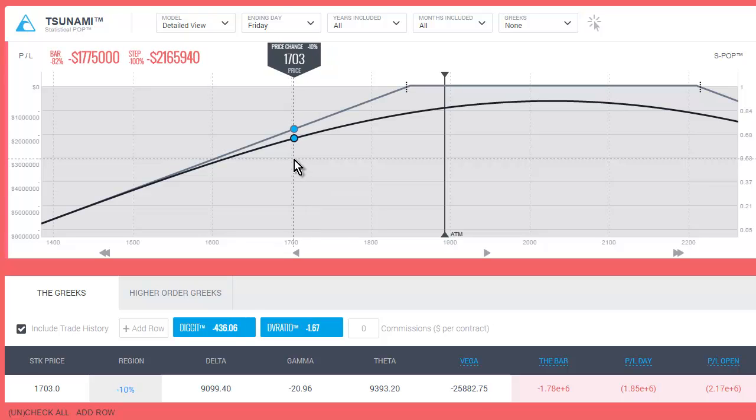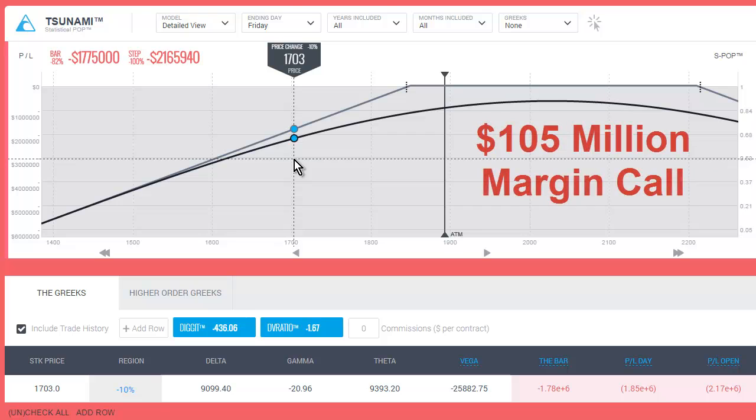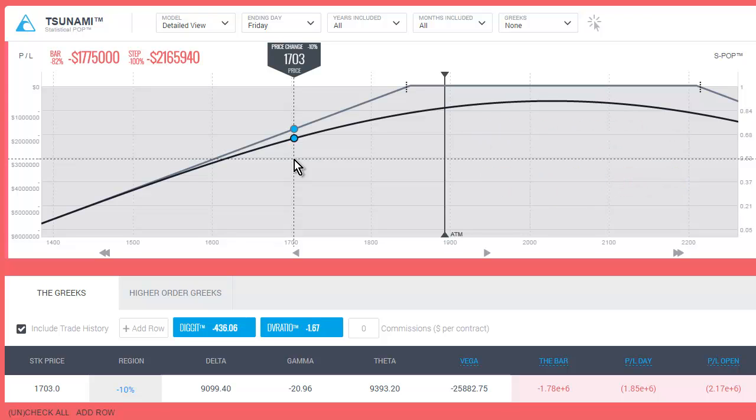At this point, if you look at the bottom right, you'll see that the trade is now risking 217 million. So they have 112 million left, but the new margin requirement is 217 million. So essentially they have a margin call for $105 million. It's either put in 105 million to cover this, plus they would have to have more because they would still be margined out, or they have to size down.